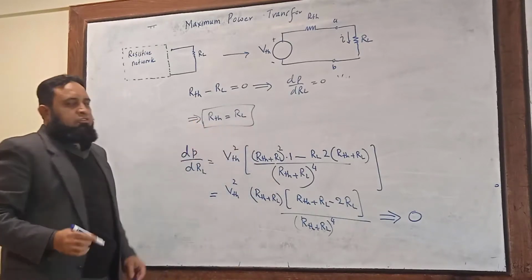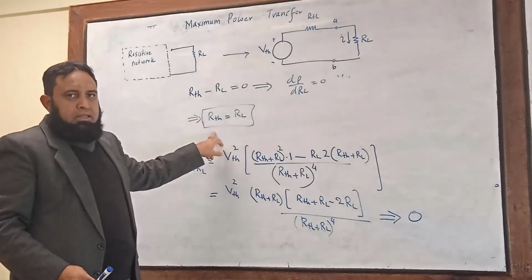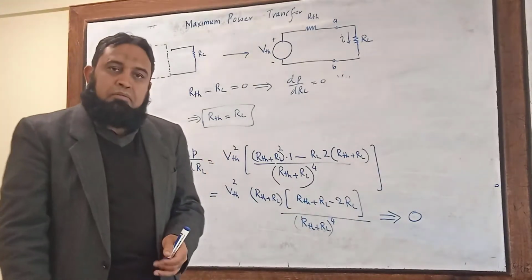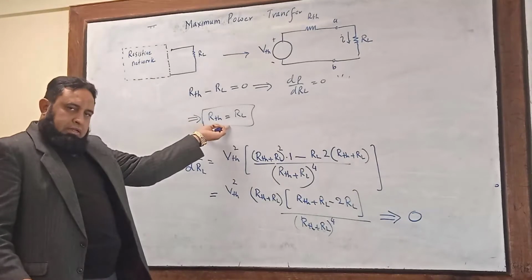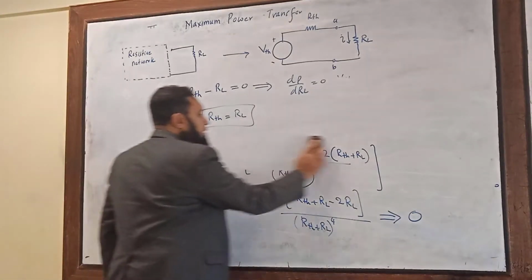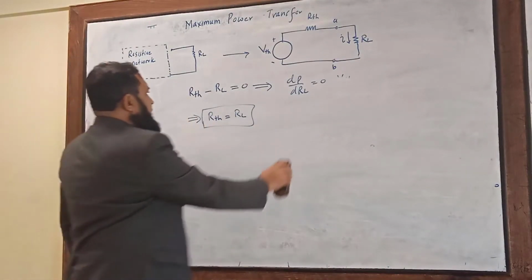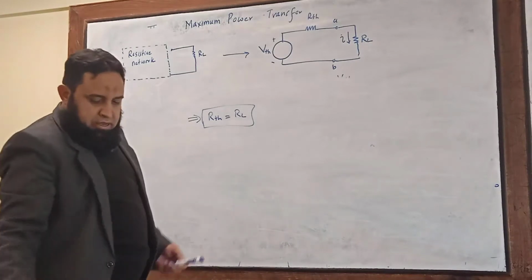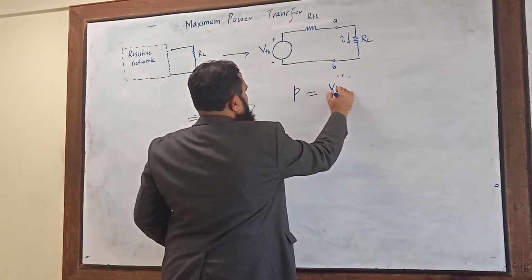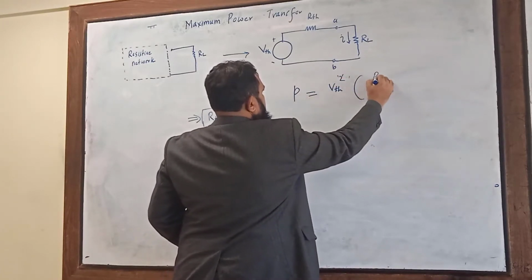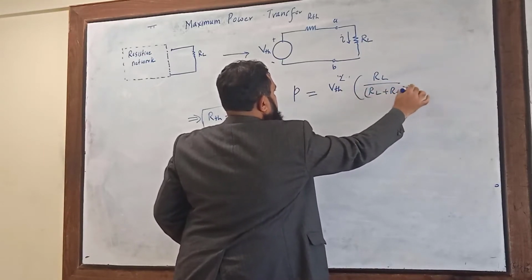Interesting result. So if we have the load resistance equal to the Thevenin resistance, then we will ensure the maximum power transfer. Simply substituting this in the relation for power which we have just written, we have power equal to VTH square RL over RL plus RTH whole square.